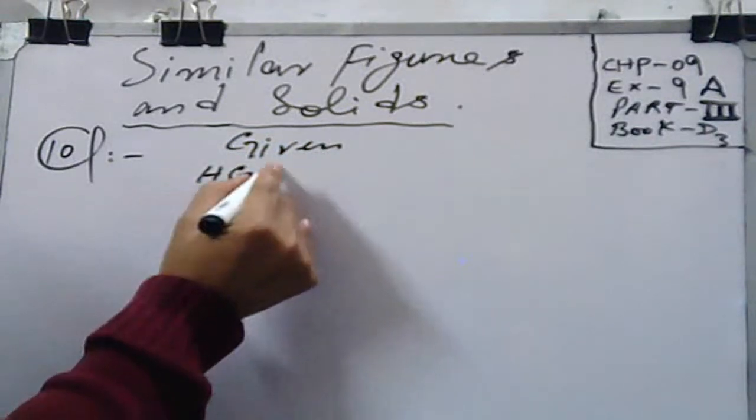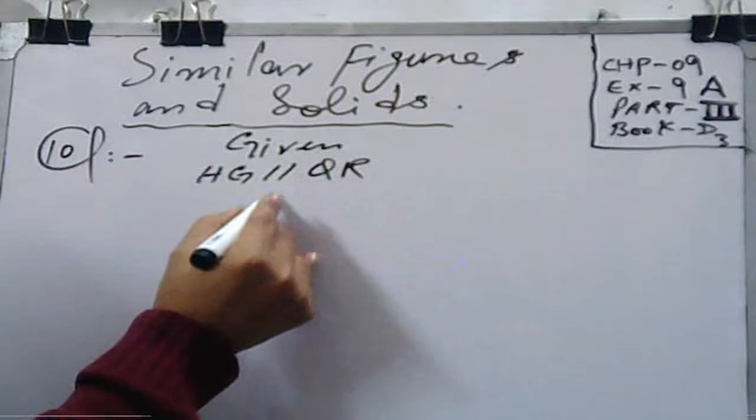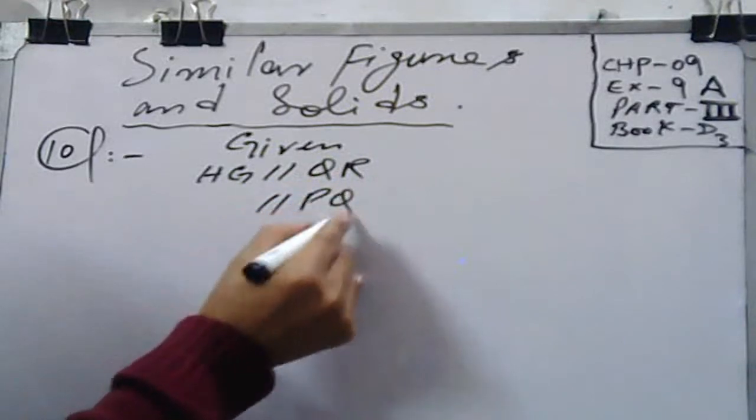That is HG is parallel to QR. Second thing is GF parallel to PQ.